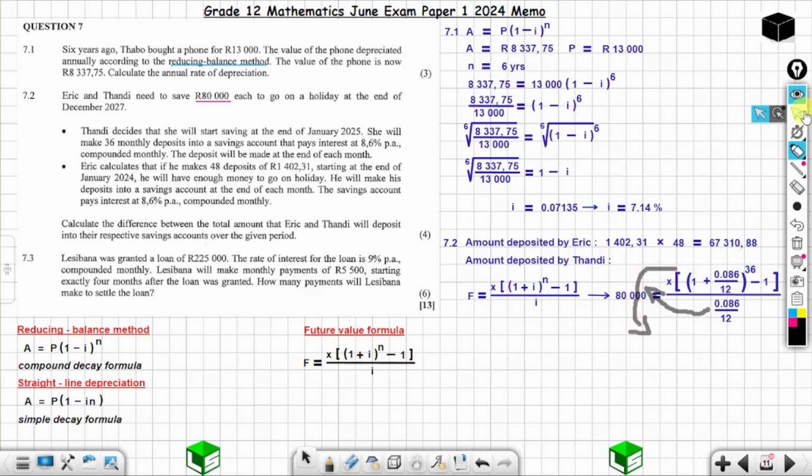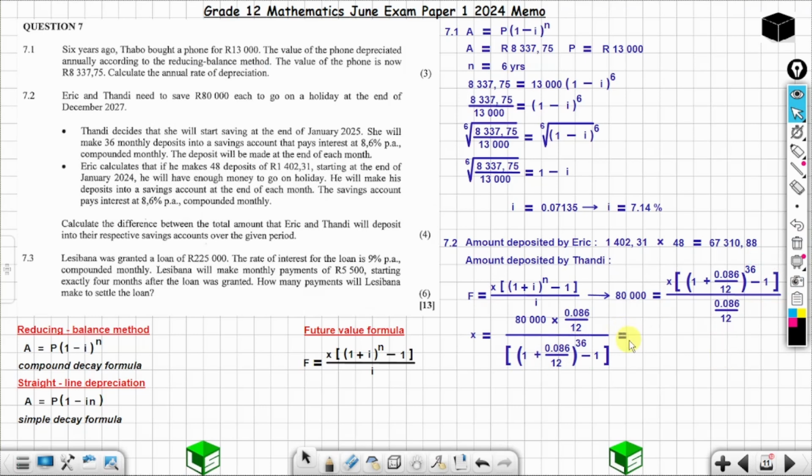So you have X is equal to this to the top, so you are going to have 80,000 times this, over this to the bottom.